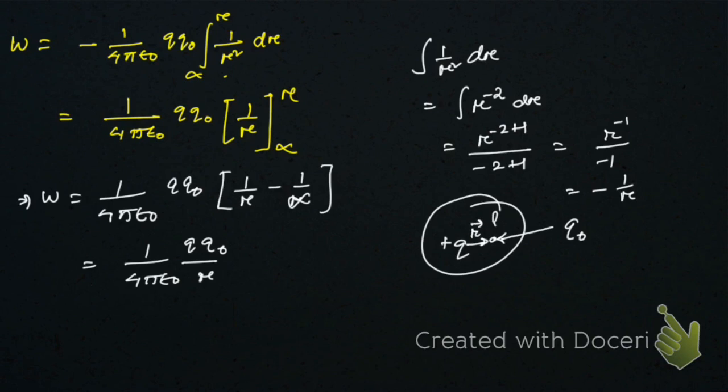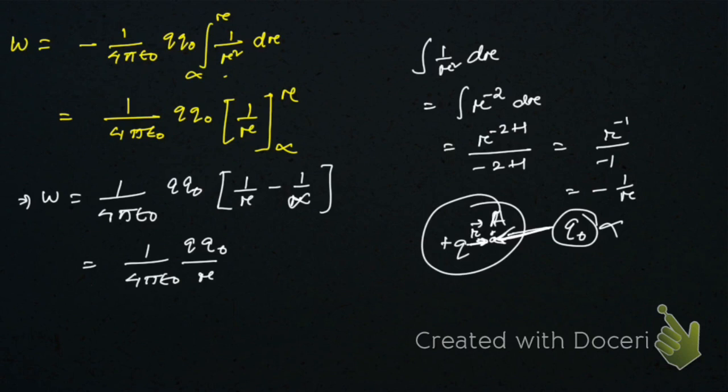So at this point the potential is nothing but the work done per unit charge in moving this from infinity to this position, right? So that's why the electrostatic potential at the point A. So the point A we had taken with position vector r.